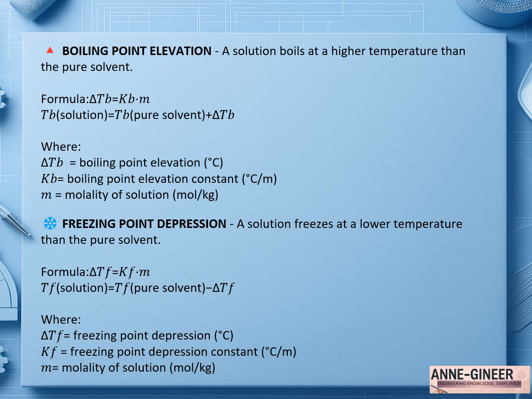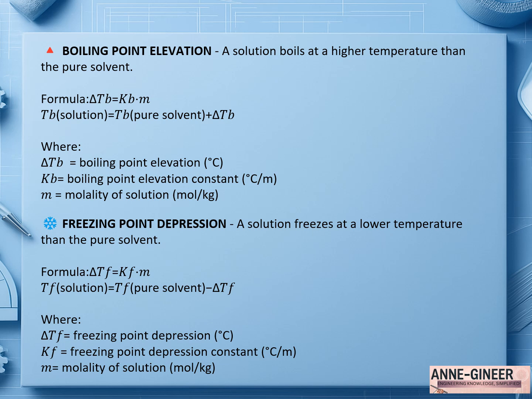So the formula is delta TB is equal to KB times m, wherein delta TB is the boiling point elevation in degrees Celsius, KB is the boiling point elevation constant, which is in degrees Celsius per m, and m is the molality of the solution, which is in moles per kilogram.